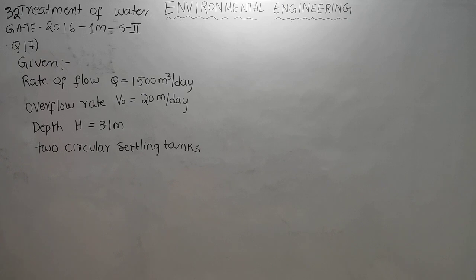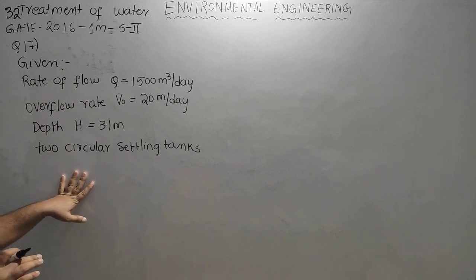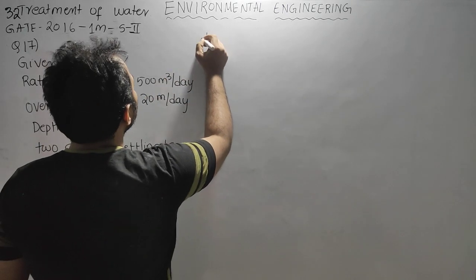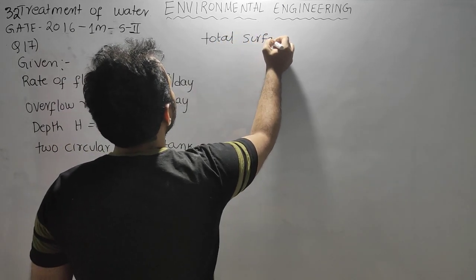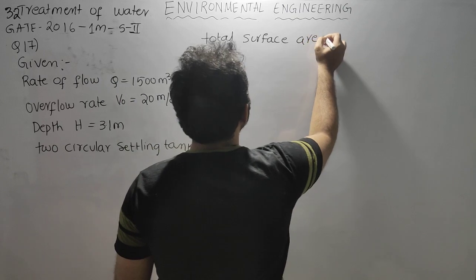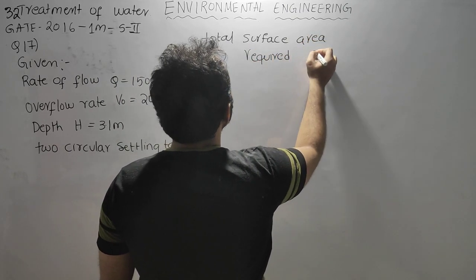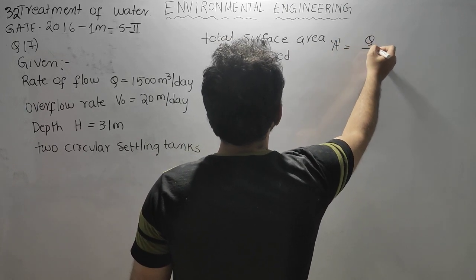So here we will get the surface area first. Before calculating the diameters of the circular settling tanks, we need to first find the surface area. So total surface area required is equal to Q by V naught.